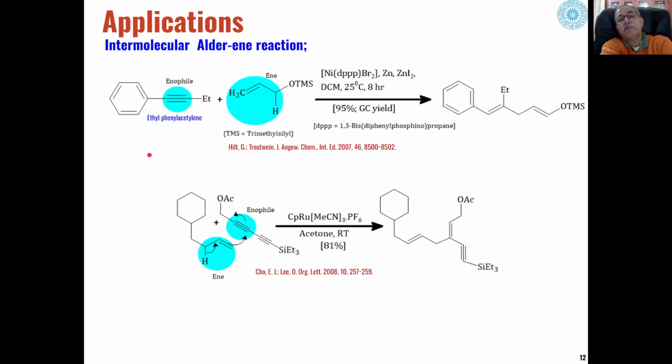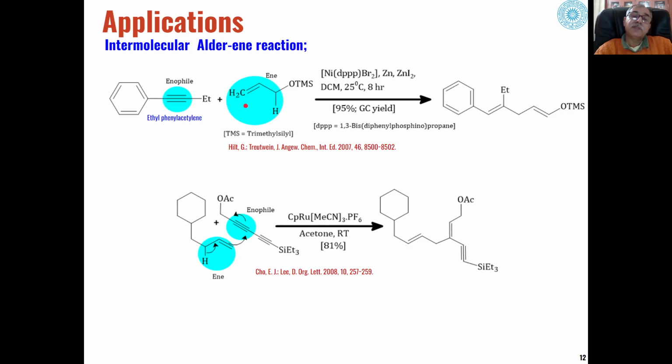Now some examples of Alder Ene reaction. If we take the case of ethyl phenyl acetylene, which is taken as an enophile, and this is the ene which is used for this reaction.